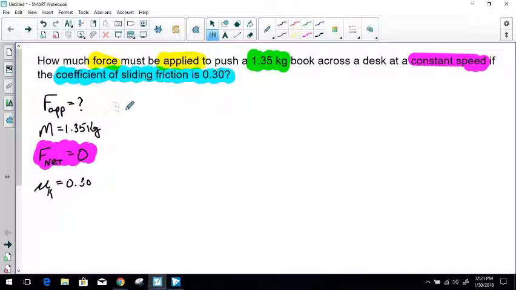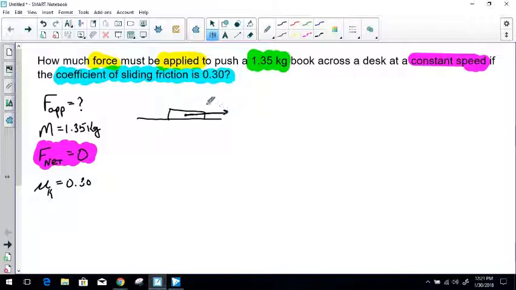So when we're looking at this, if I have a book sitting on a surface, and I'm going to apply a force. So we want to know what applied force is. I'm going to say the direction that we're pushing this book is going to be positive.